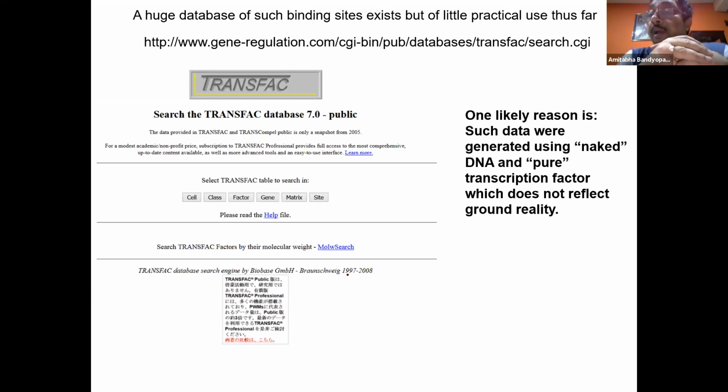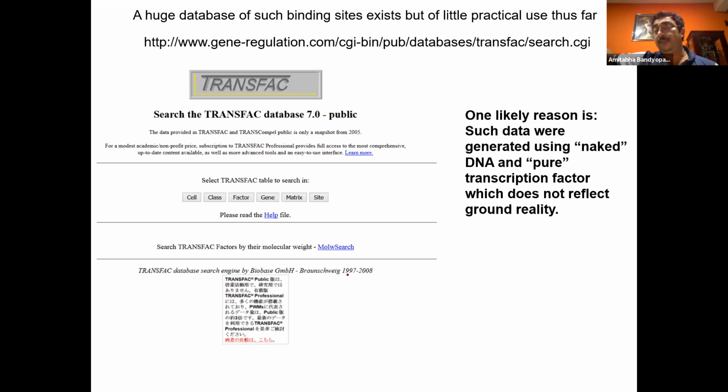Like looking at the TRANSFAC database, someone predicted the binding site and then actually tried to see if the transcription factor has a role in regulation of the gene of interest, or actually binds to exactly that sequence in vivo. Those kind of experiments, at least I could not find in the literature.